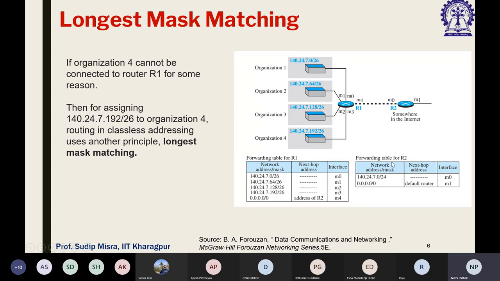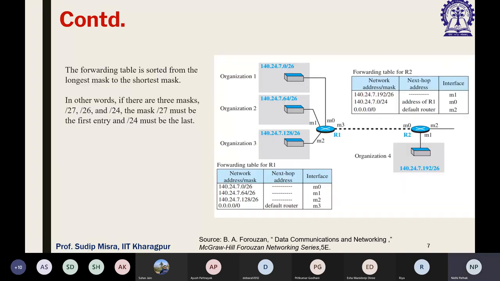Now, what is the concept of longest mask matching that we are talking about? In longest mask matching, each of these routing tables is going to be sorted from the longest mask to the shortest mask. Let us say there were three masks, /27, /26 and /24.